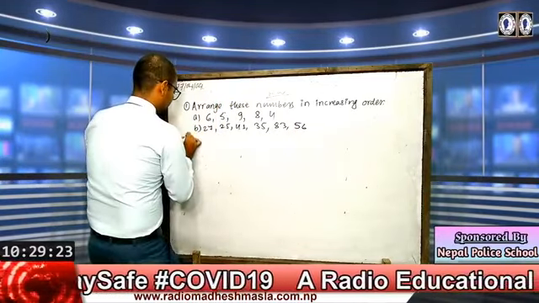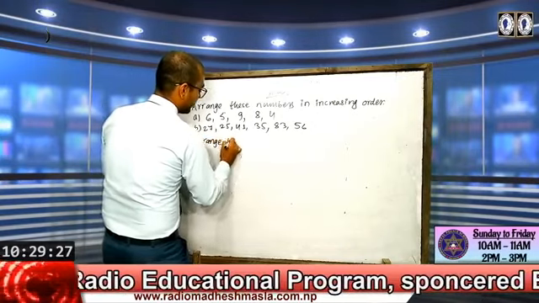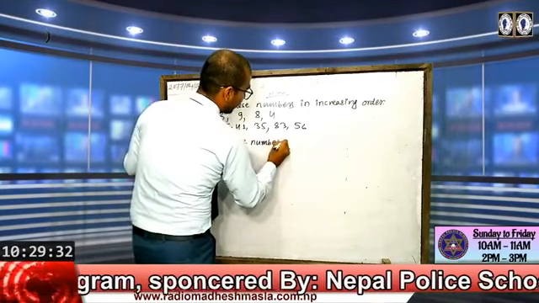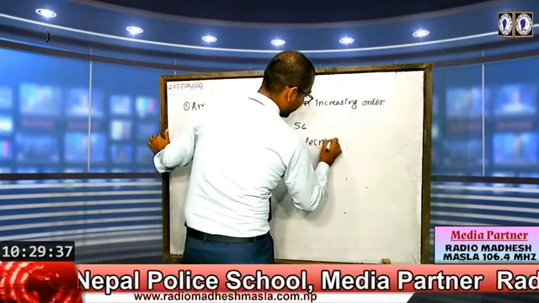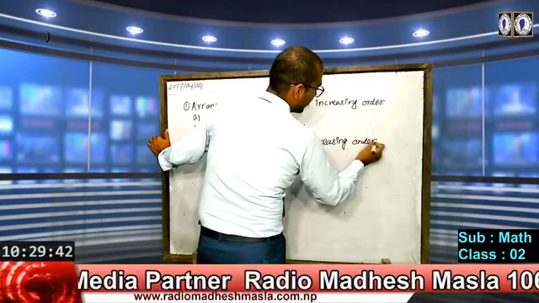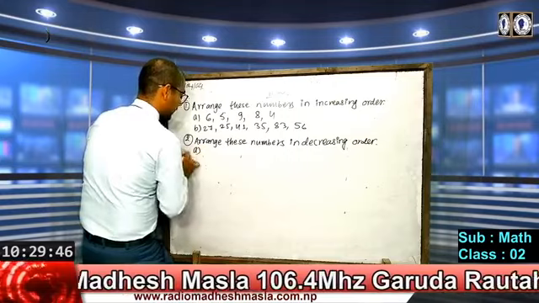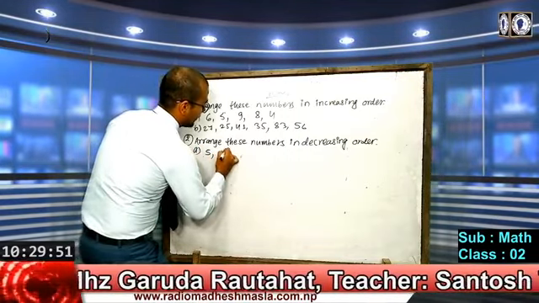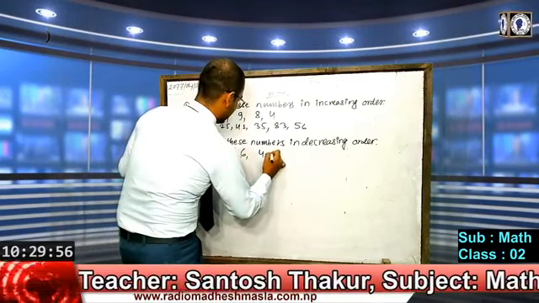And the second question: arrange these numbers in decreasing order. Students, here we have the questions like this: 5, 9, 6, 4, 2.